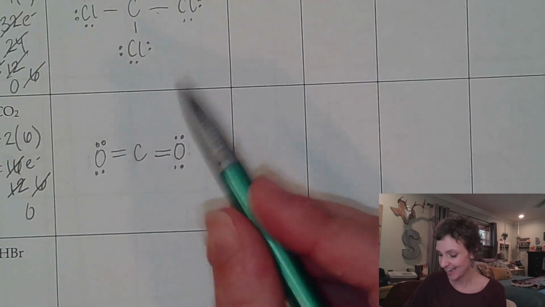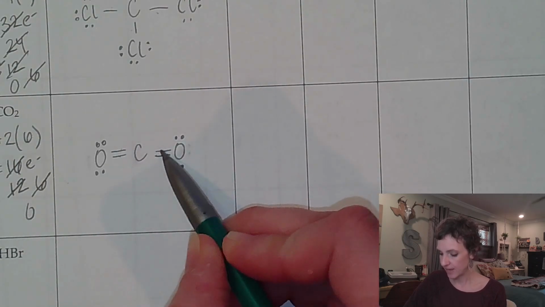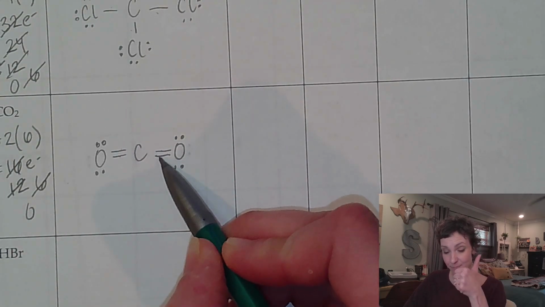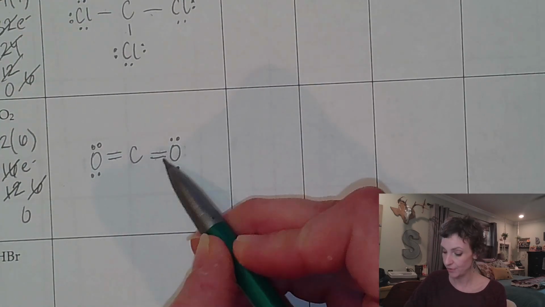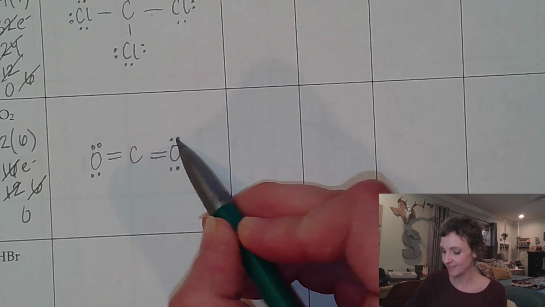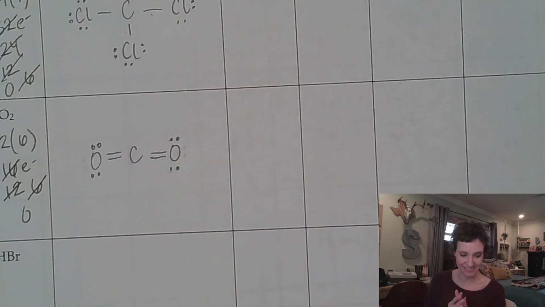I can check and count and see, okay, carbon has 1, 2, 3, 4, 5, 6, 7, 8. He's happy. Each one of my oxygens has in the lines or in the bonds 1, 2, 3, 4, and in the dots 5, 6, 7, 8. Good. That's carbon dioxide.